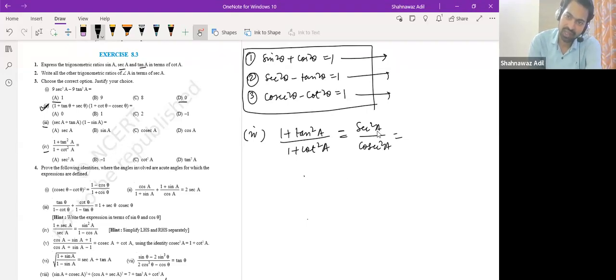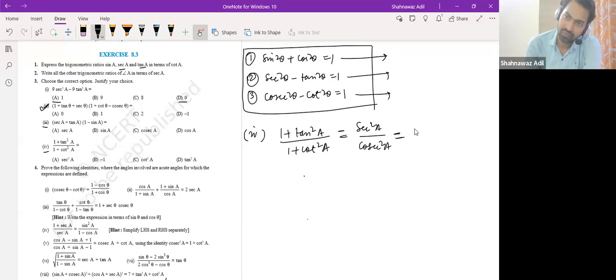So sec square is what? This one is for the next question. So Hashit, what is sec?